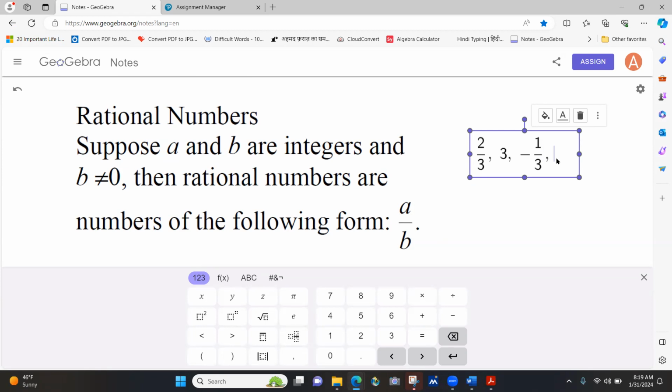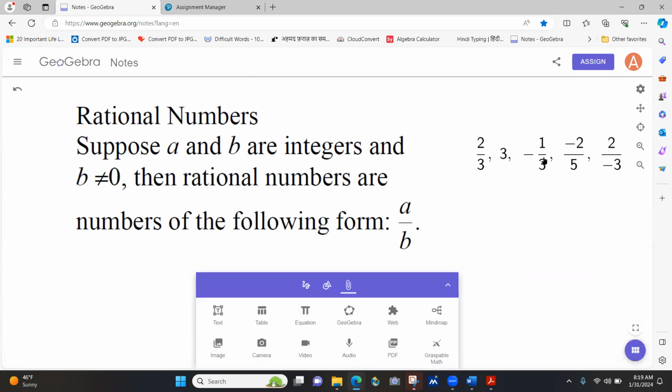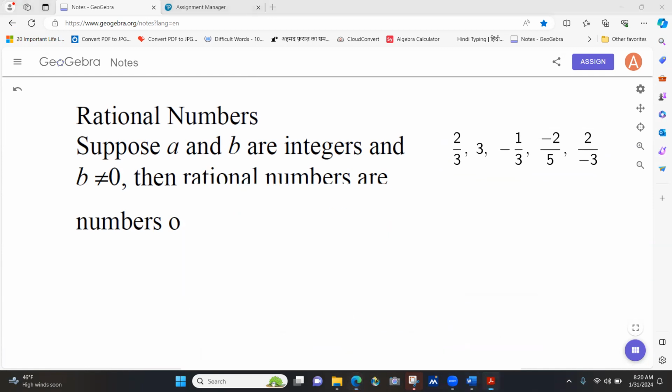Okay, this is a rational number. You can write it like this. I'm going to put the negative sign here. This is another example of a rational number. Okay, these are examples of rational numbers. We're going to use the word fractions more. All right.